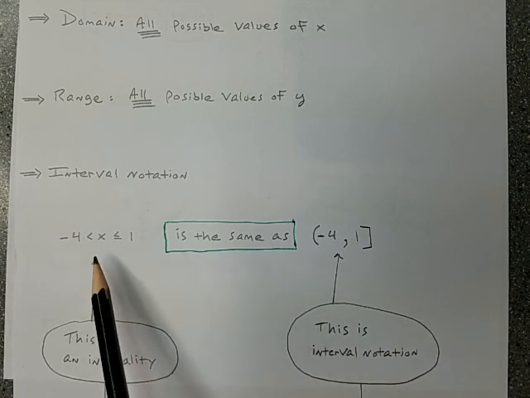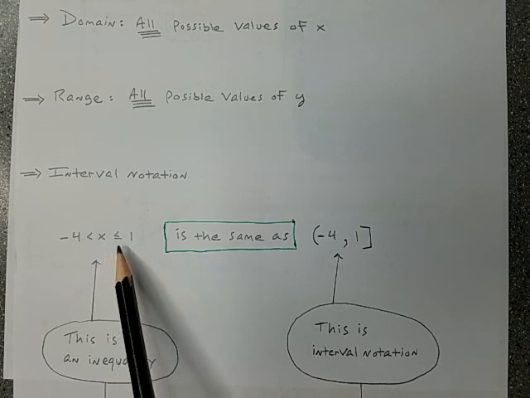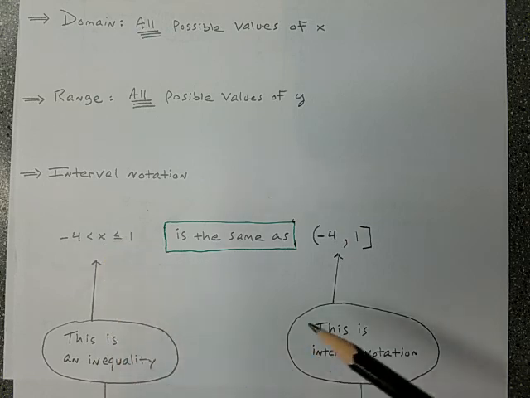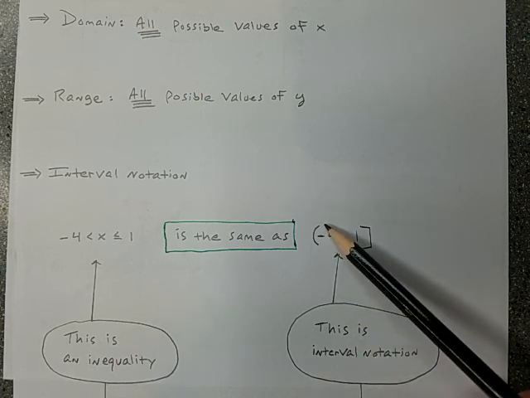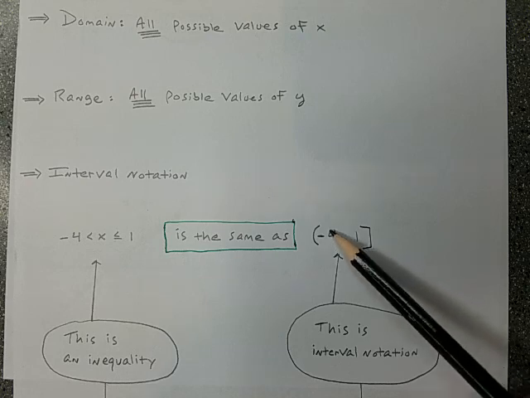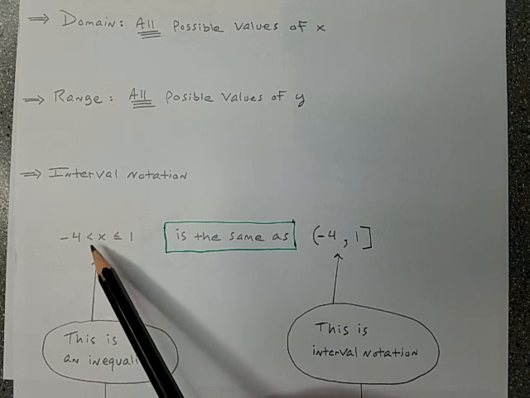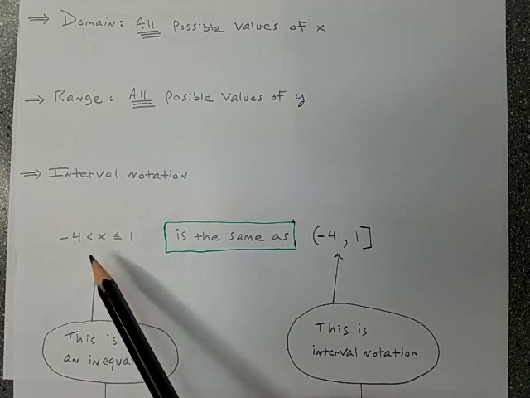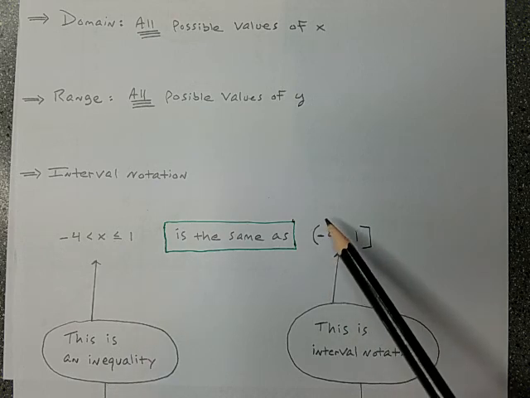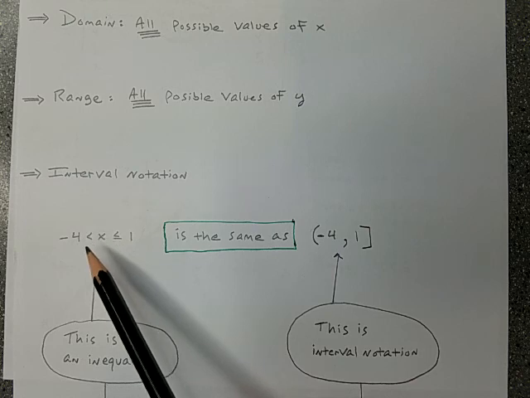For example, if I say x is greater than -4 and also less than or equal to 1, that's an inequality. In interval notation, we would say parentheses -4, comma 1 bracket. The parentheses means I'm not including the -4. If x is greater than -4, -4 is not part of the numbers we're talking about. So the parentheses is associated with less than or greater than.